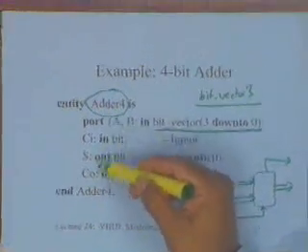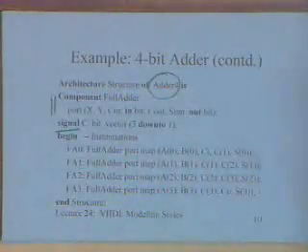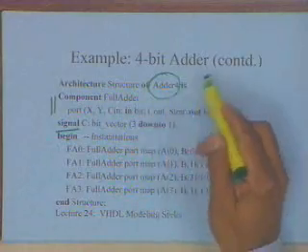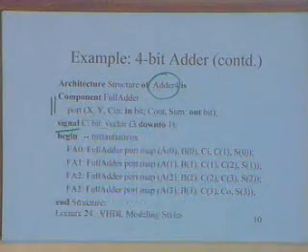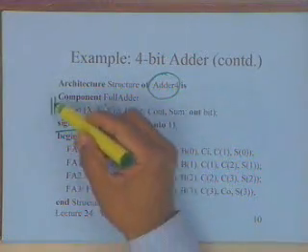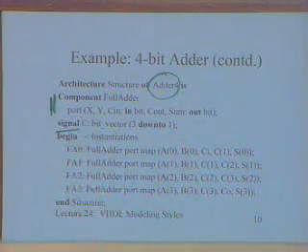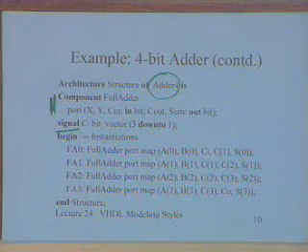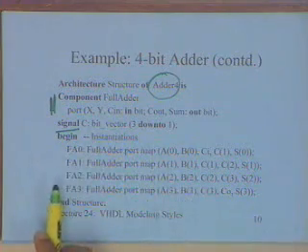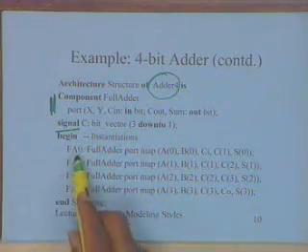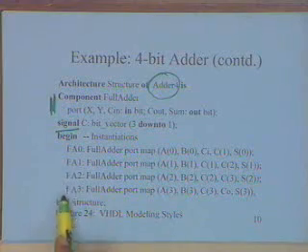So all these ports that I have declared are visible within this architecture. Whenever I associate it with an entity, all the ports are visible in the architecture. Now I have this component and I will instantiate 4 copies of it, because there is a 1-bit adder and I want to make a 4-bit adder out of it. So I instantiate 4 copies: FA0, FA1, FA2, FA3.